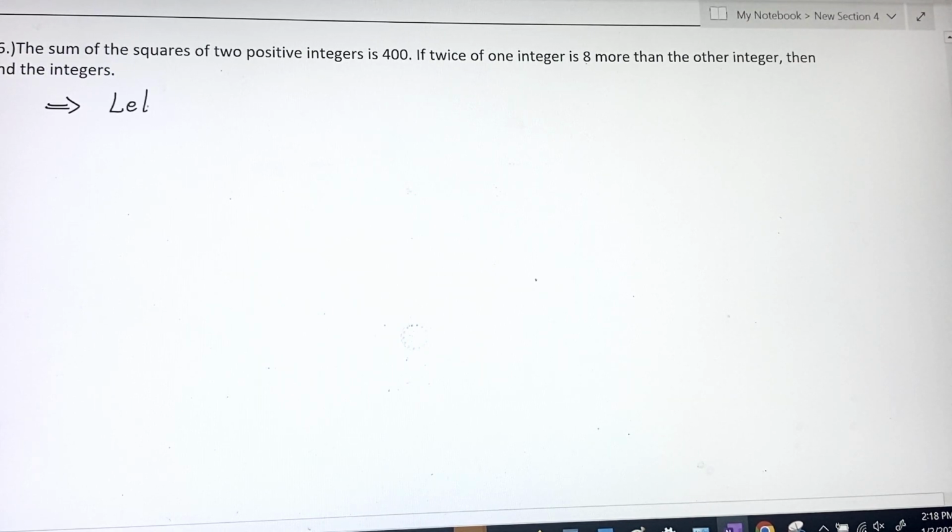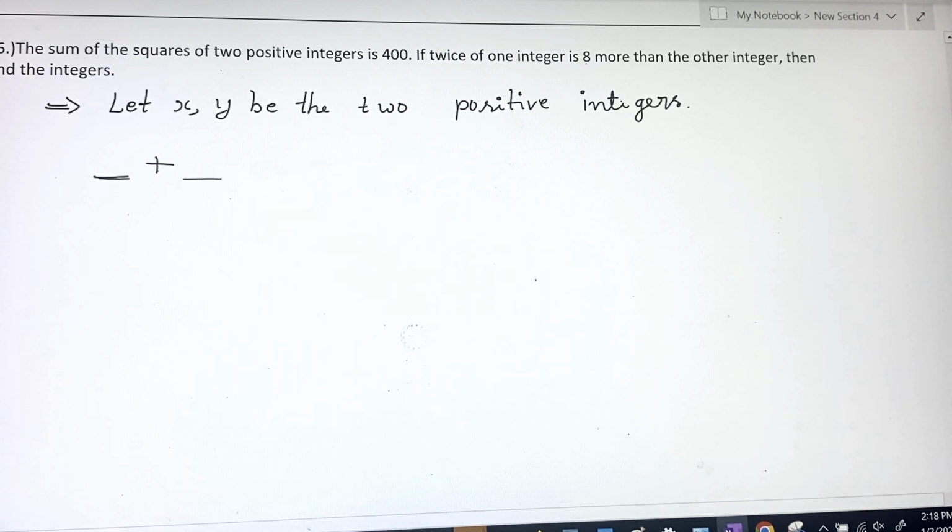Let x and y be the two positive integers. According to the given data, what have they given?